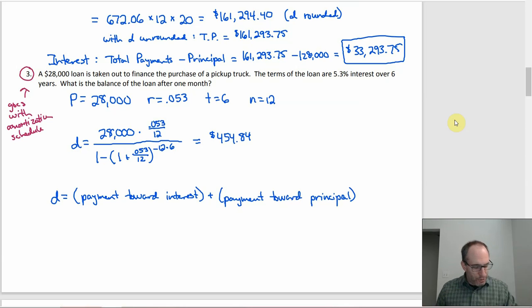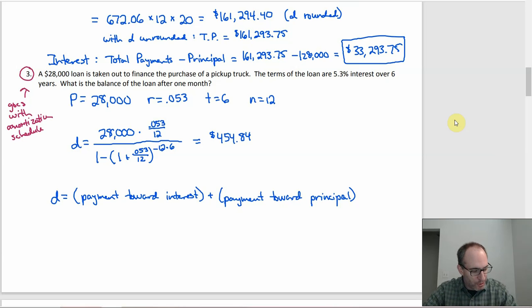All right, so then basically we need to figure out what the payment toward the principal is, right? Because then if we just subtract that out, that would give us the balance after 1 month. But we have to do it indirectly because we can get the payment toward the interest, and since we know what D is, then we can solve for the payment toward the principal.